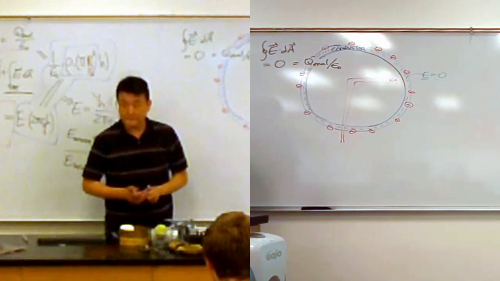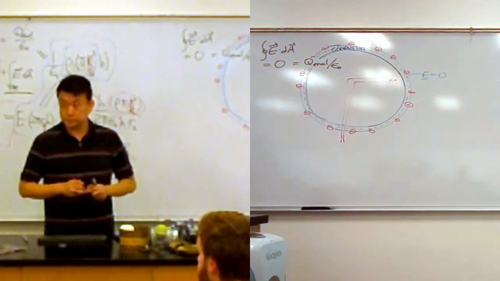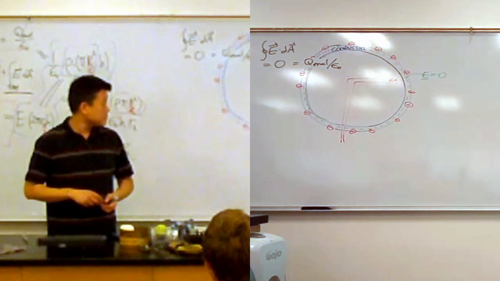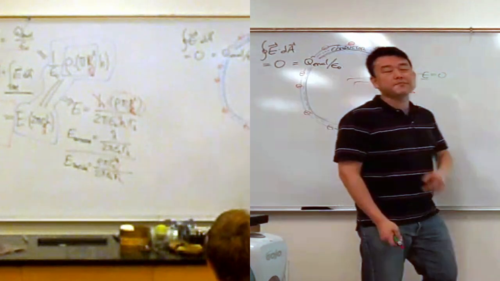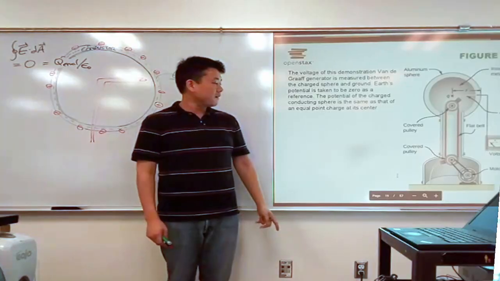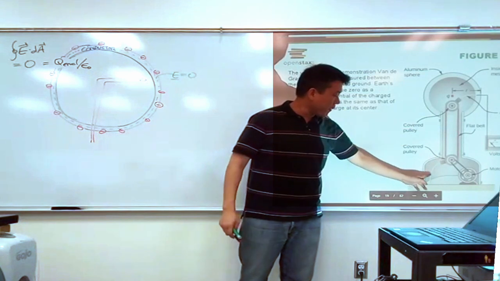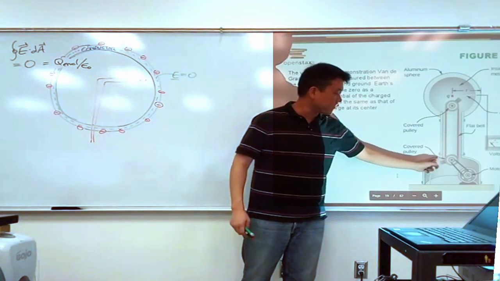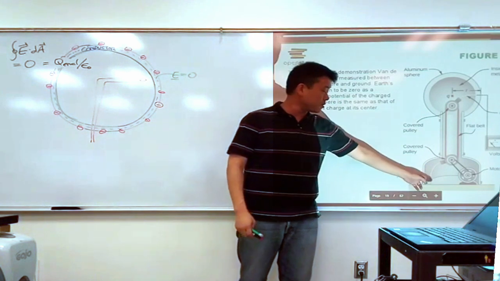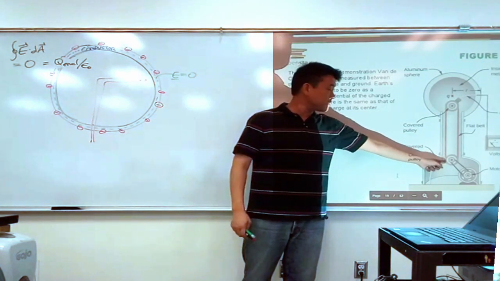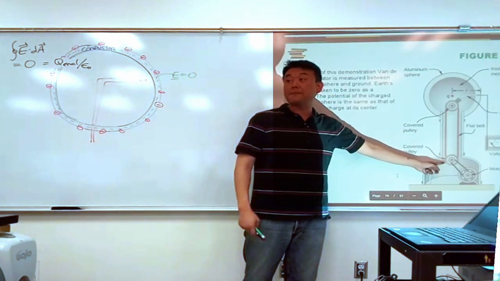Question? Yeah. Is there any way that some positive charge could come in through the bottom? So it depends on the design. I guess, I don't know. This is the bit that I never really got. I think the bottom part is designed so that this brush is either providing a positive or negative charge. There might be some voltage applied to it. So this is delivering one type of charge.